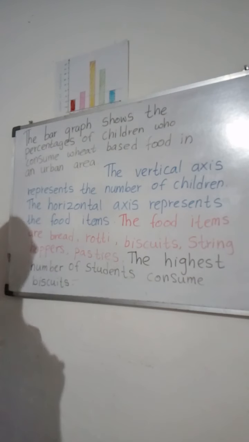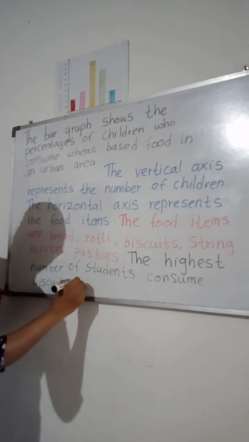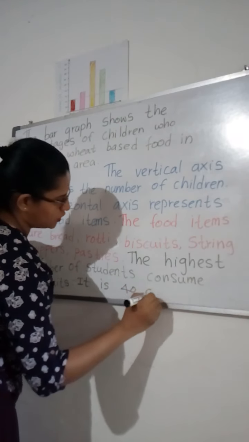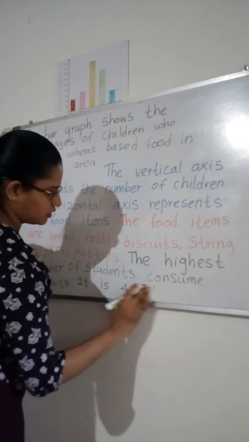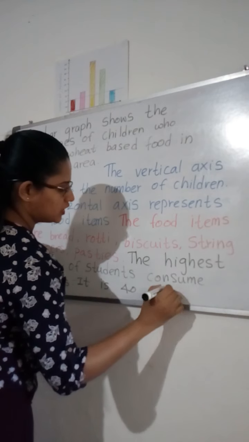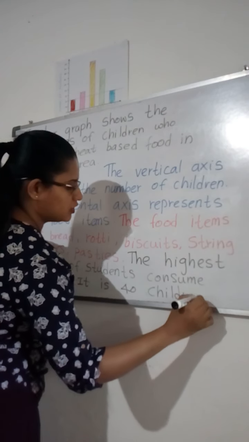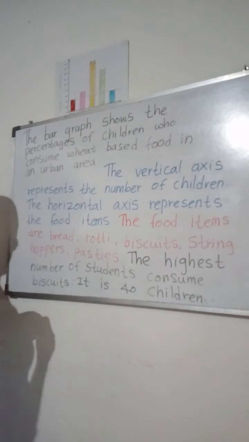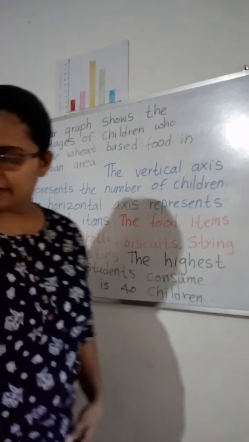Then we can write down the number. It is 40. Yes, 40 children. 40 children. Look at here.